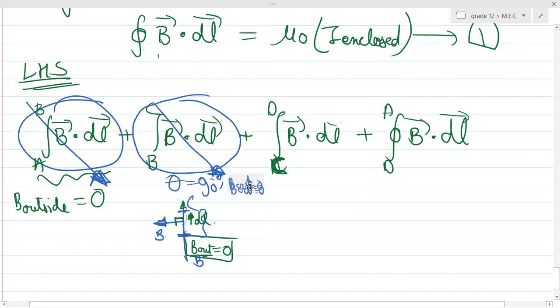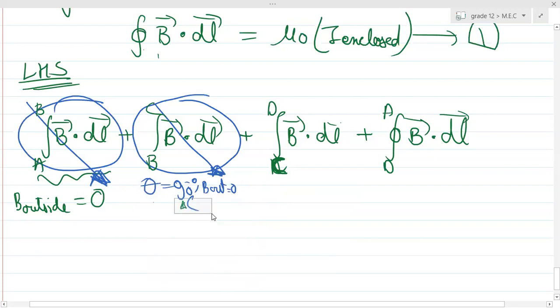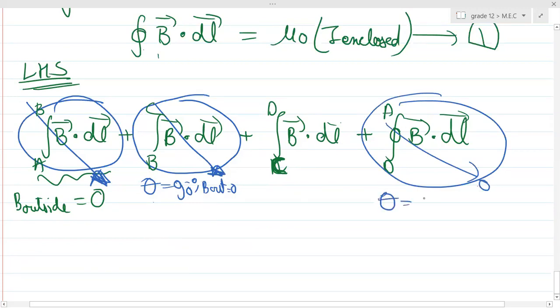After that, even your B dot dl from D to A, will it be the same reason? This will also be 0 because for half of the part theta will be 90 and for half of the part it will lie outside.